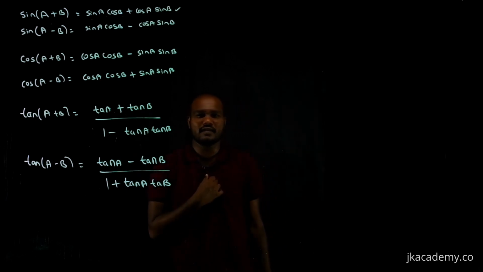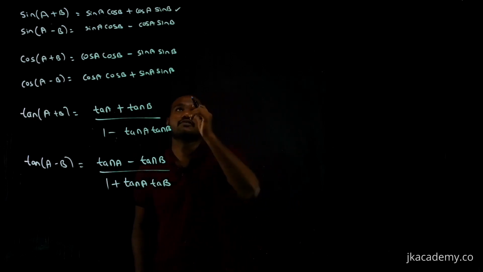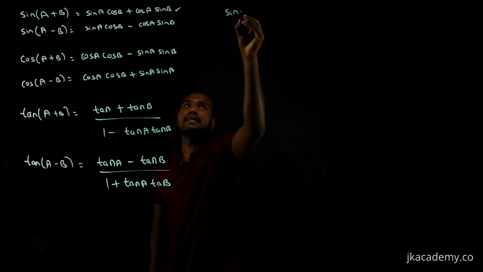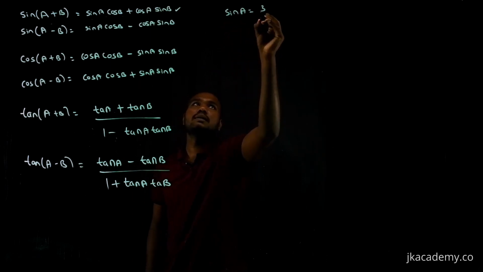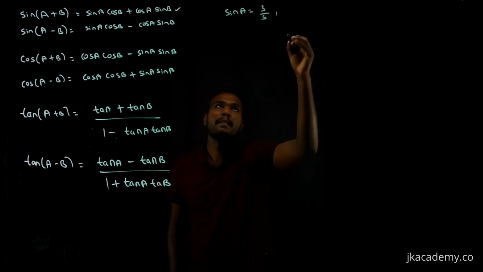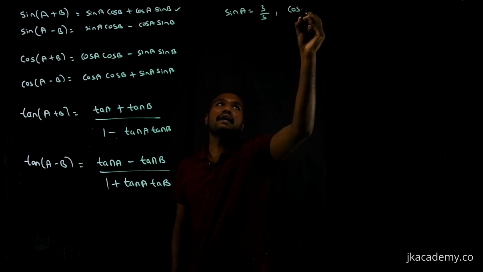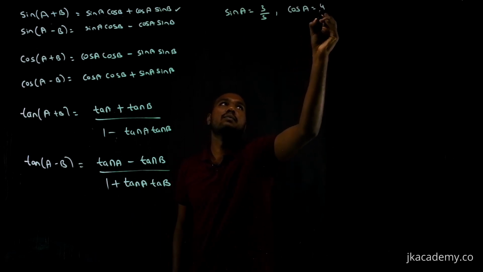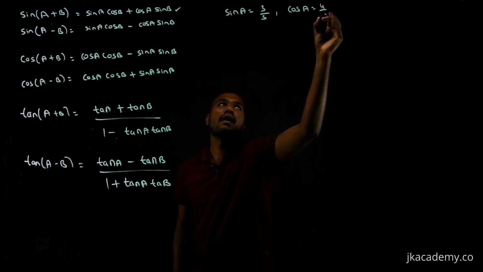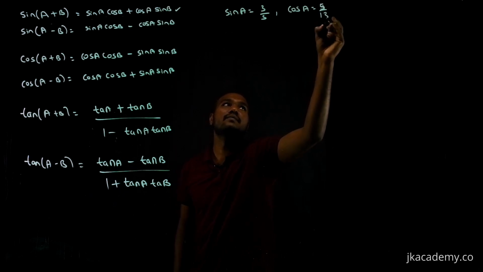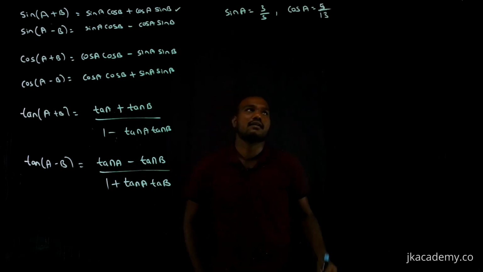Now we can directly solve DCET questions. I'll take some DCET question examples. Sin A is equal to 3 by 5, cos B is equal to 5 by 13.